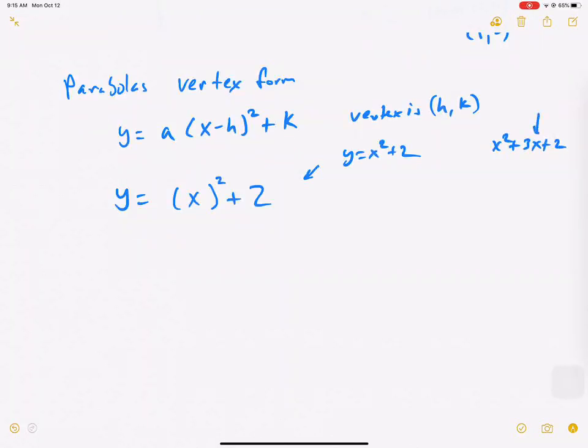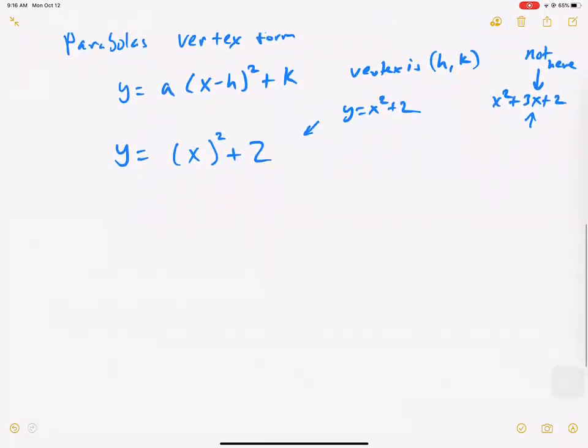When in vertex form, you don't have x by itself. This is not here. Our vertex forms have only x squared and a number. There's no regular x in this. Only x squares and constants. That's our pattern for these vertex forms.